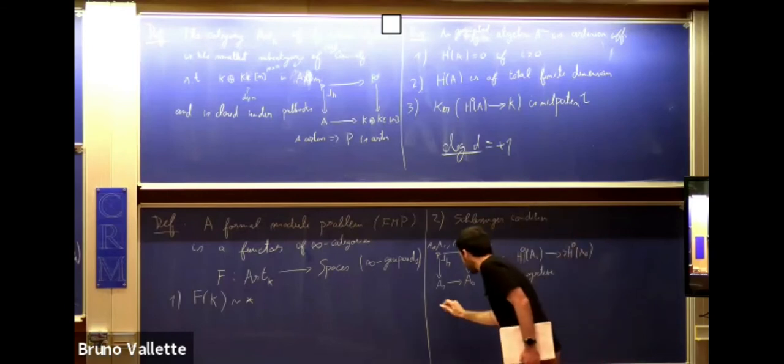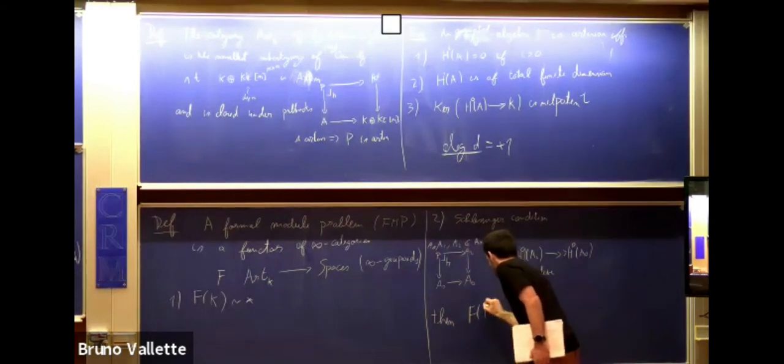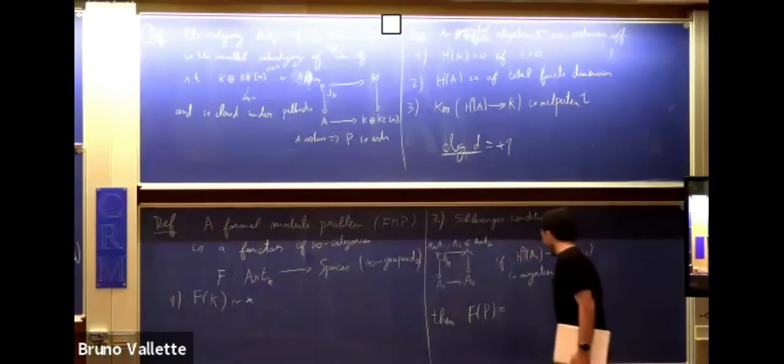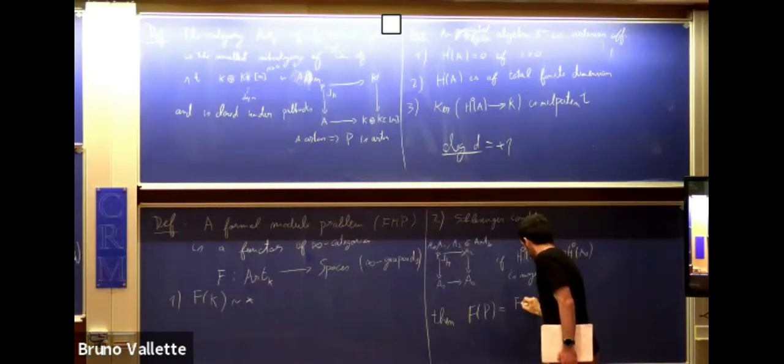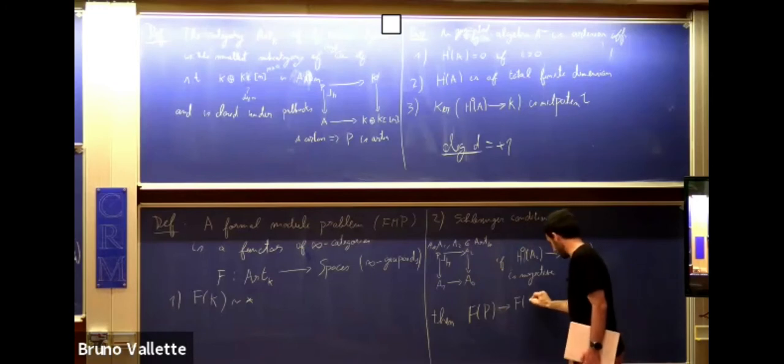So then F of this pullback is given by the following. There is a natural map, first of all. In general, you have a functor, so there's a natural map from F of a pullback into the pullback of the images.